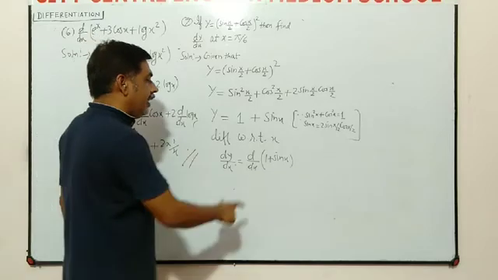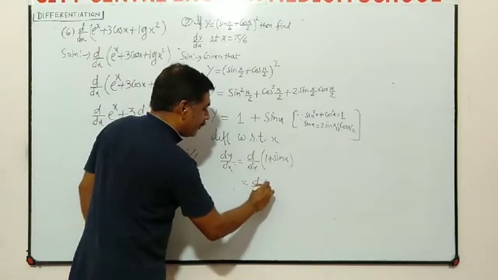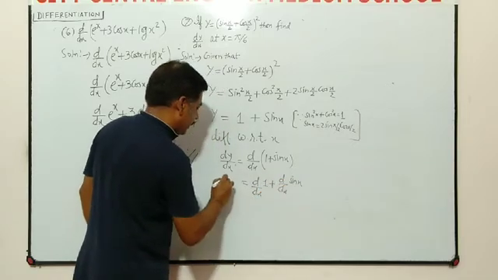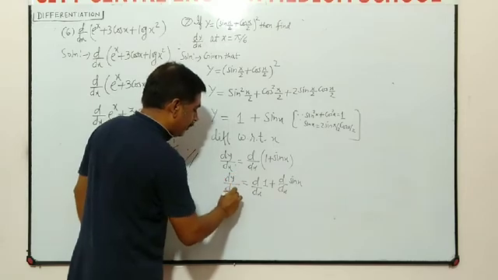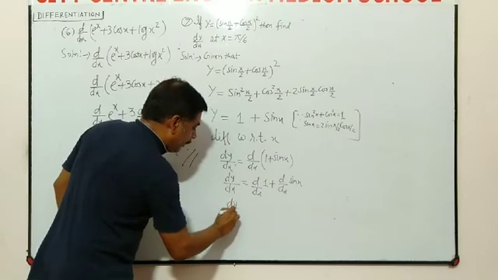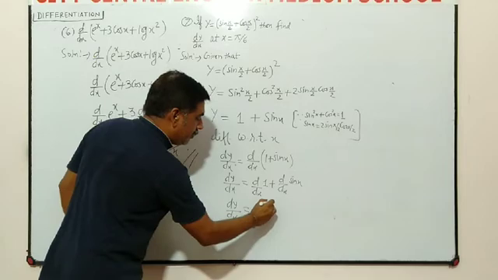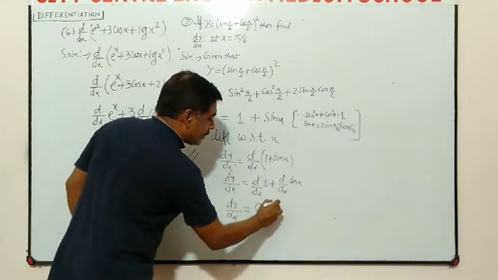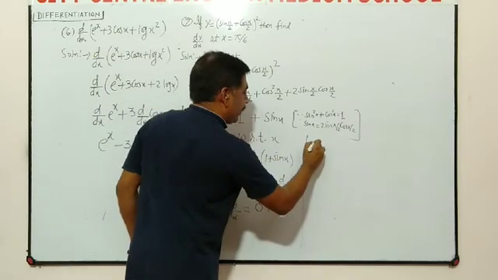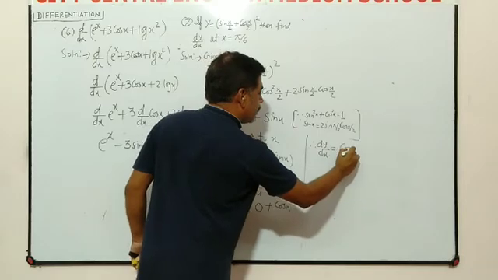Now there are two terms, so differentiation of 1 separately and differentiation of sin x. So dy by dx is equal to differentiation of 1 is 0 and differentiation of sin x is cos x. So dy by dx is equal to cos x.